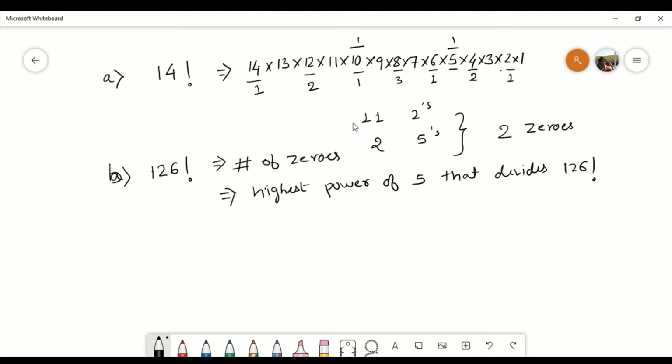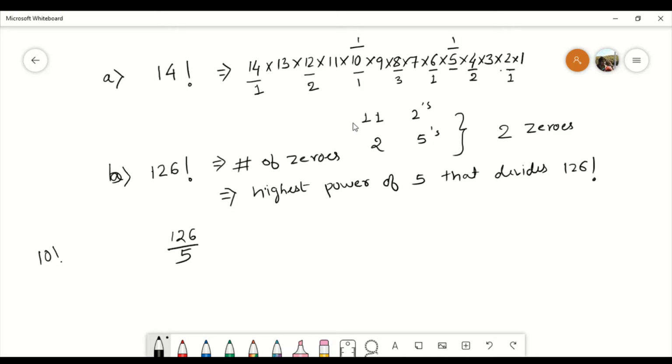So how do we find the number of 5s in this particular expression? If I do 126 by 5, I know that these many 5s will definitely be there in 126 factorial, right? Because for example, if I take 10 factorial, it is 1 into 2 into 3 into 4 into 5 up to 10, right?